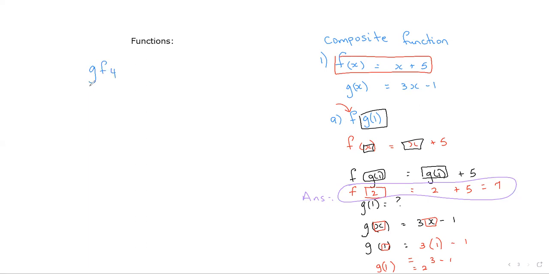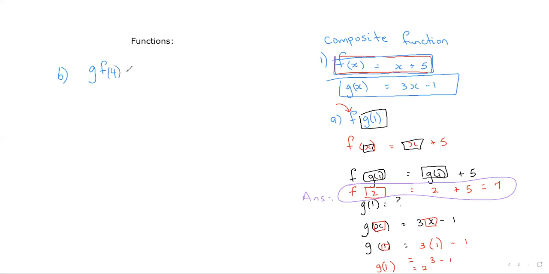So let's say they told us that f of x was equal to x plus 5 and g of x is equal to 3x minus 1. This is a second part to the same question here.